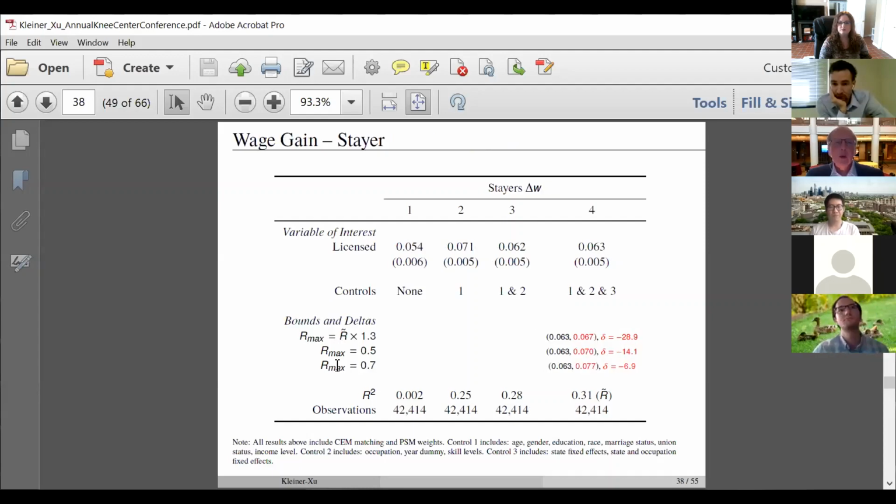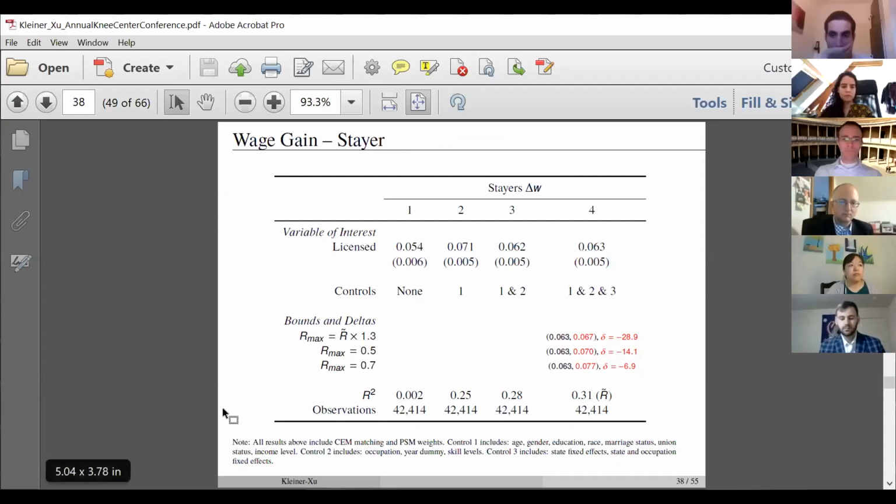We look at wage gains, again in terms of unobservables, for individuals who were in the occupation. We try to control for potential unobservables for our wage changes for individuals who stayed in the occupation. Again, the results would have to be fairly large in order to flip our results.